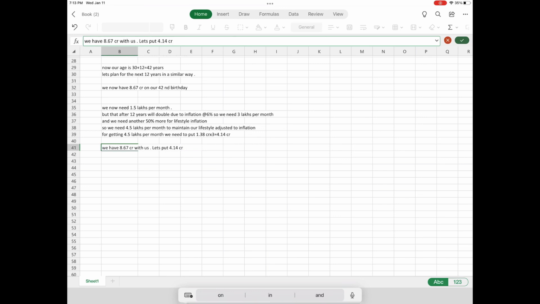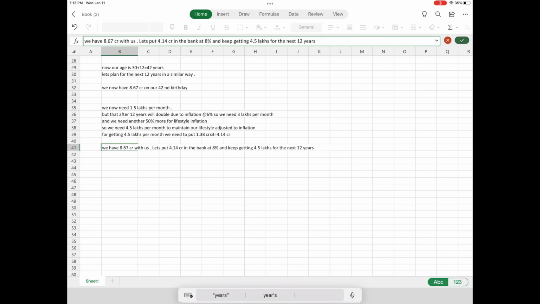And for the next 12 years, how much money will I keep getting? I will keep getting 4.5 lakhs each and every month. Every month 4.5, 4.5, 4.5 for the next 144 months. That means till I am 54, I am going to get 4.5 lakhs. And how do I get that?